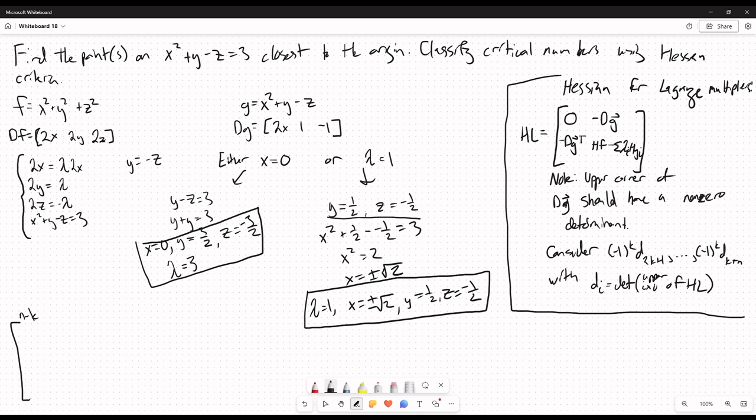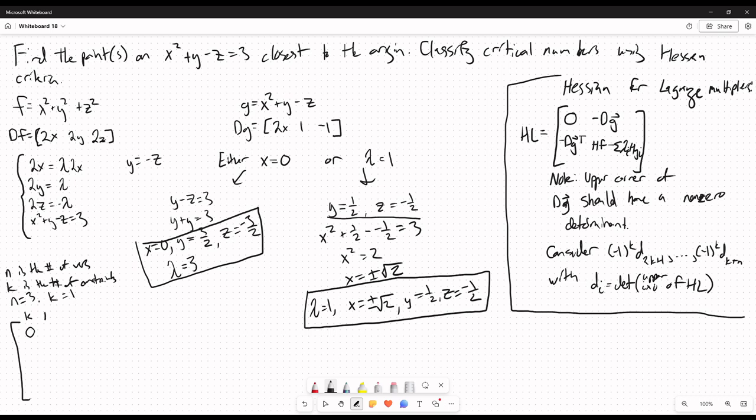N is the number of variables, and k is the number of constraints. So in this case, we have n equals 3 and k equals 1. I'm sorry, that number is not going to be n minus k. That number is just going to be k. So you're going to have a k by k block of zeros.